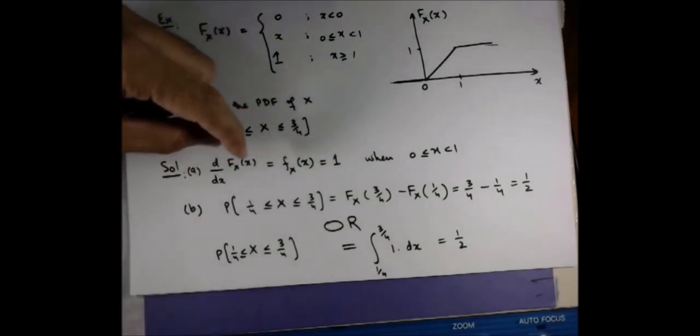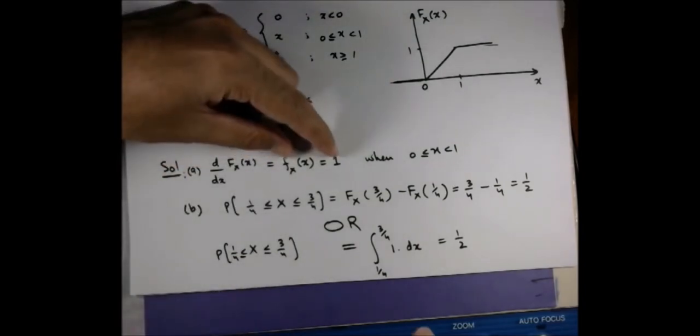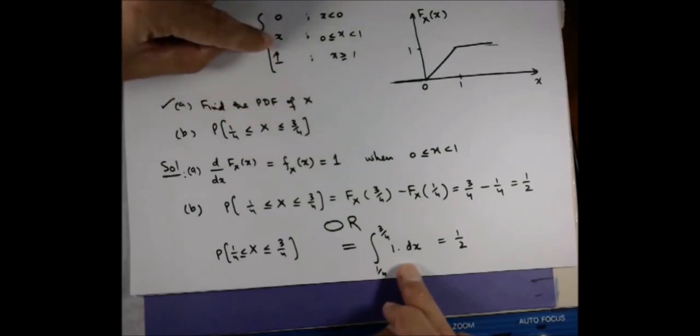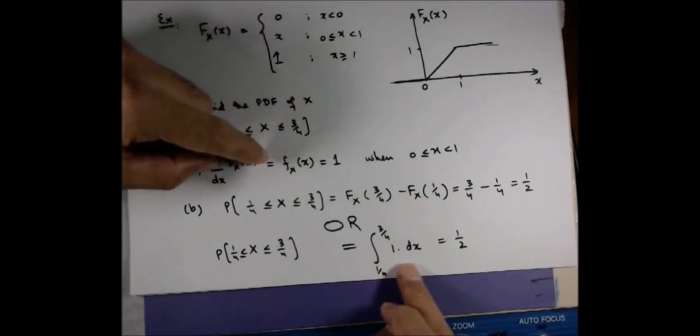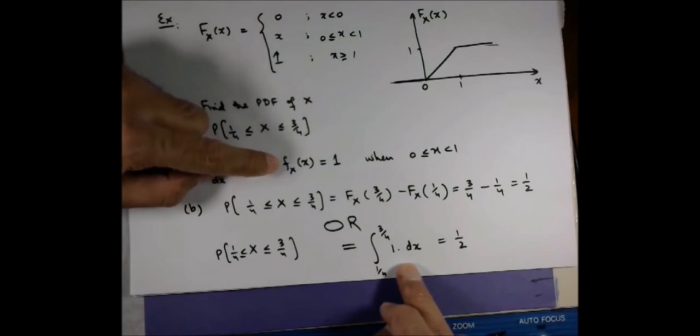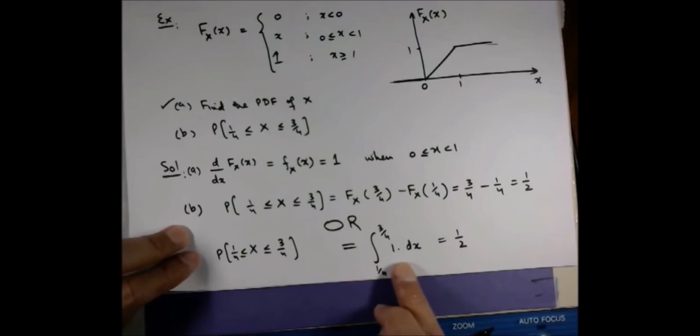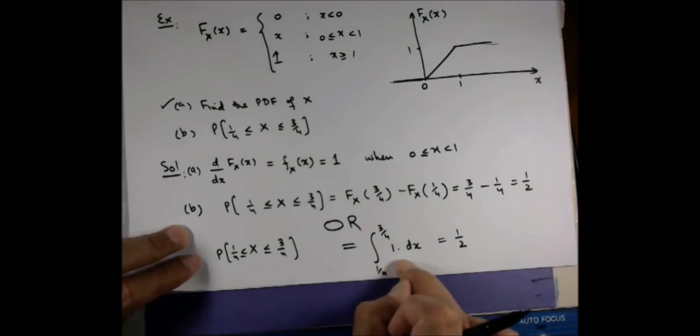Here the expression was simple, so integration was simple, but just imagine if we had some complicated CDF expression and then obviously some complicated PDF expression, then finding the integral of that complicated PDF expression would have been difficult and maybe time consuming.